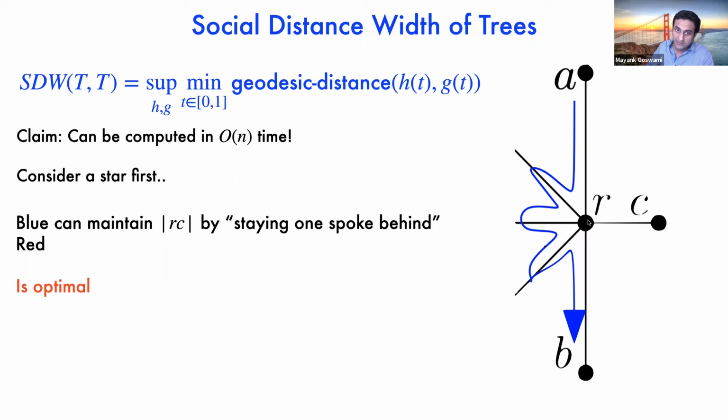The answer for a star is the length of this third longest spoke. What you can show is that blue can maintain this distance, the length of the third longest spoke, by basically staying one spoke behind red. And this is actually optimal for the star.